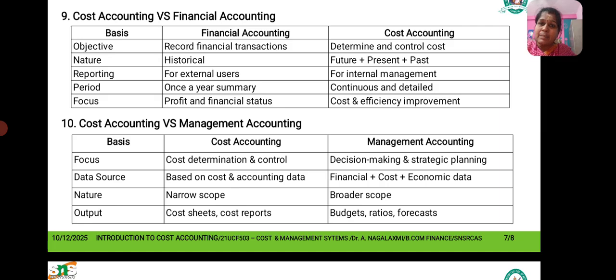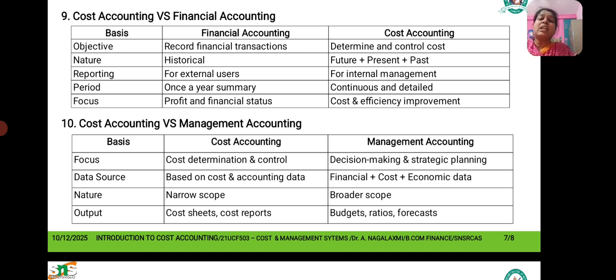Reporting: for financial accounting, the report is for external users like shareholders, bankers, creditors, that is, for external people. The profit and loss account and balance sheet are for external users. But cost accounting is fully for internal management to take decisions.